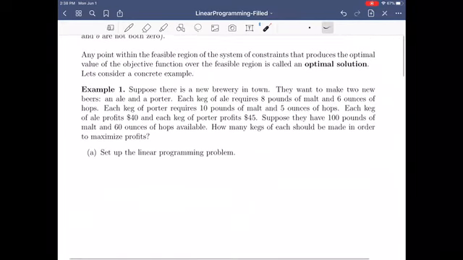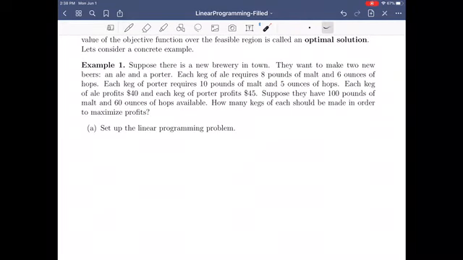We start with one where we have to construct the linear programming problem. Suppose there's a new brewery in town and they want to make two new types of beers, an ale and a porter. Each keg of ale requires 8 pounds of malt and 6 ounces of hops. The kegs of porter require 10 pounds of malt and 5 ounces of hops.